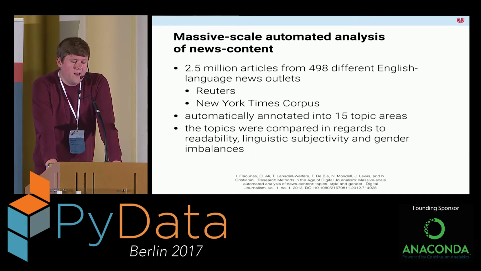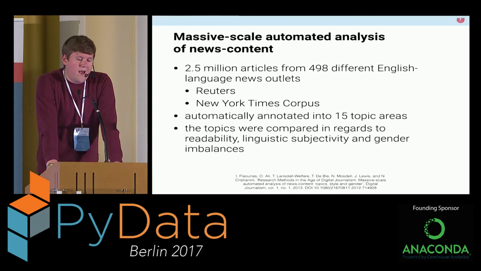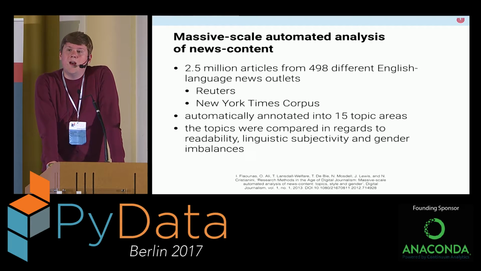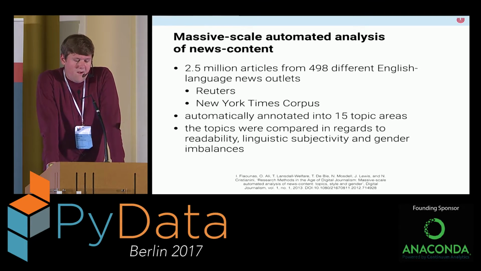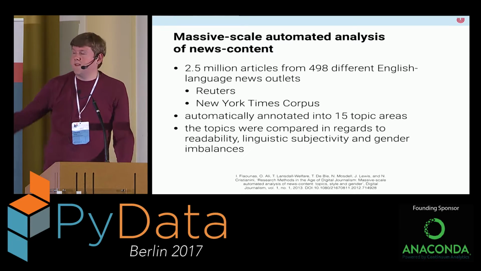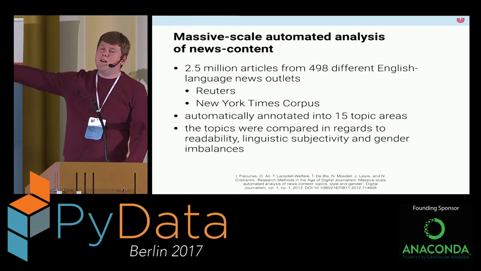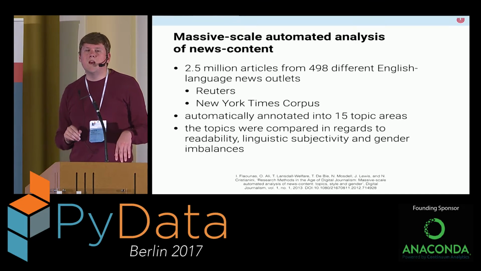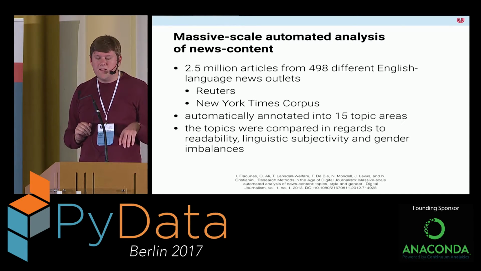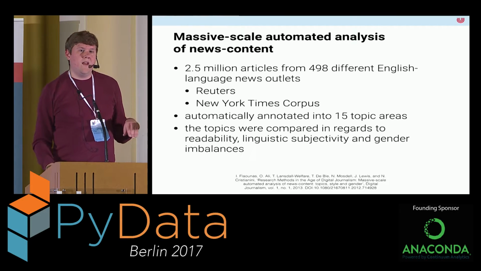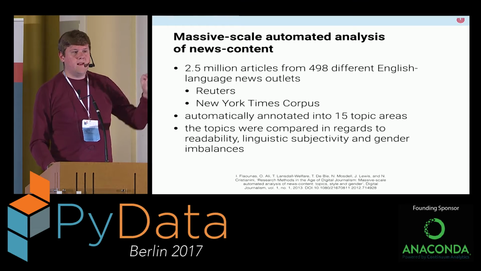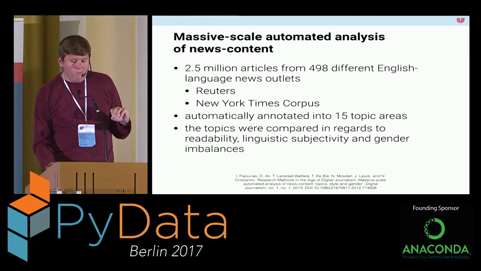And then they compared the news outlets and the topics in regards to the readability, which you can measure, the subjectivity, and gender imbalances. So linguistic subjectivity, for instance. For readability, there are many scores, and you can just look for readability scores, and you find them, and they're from the 70s, but they basically tell you, okay, somebody has to be at this school grade to understand this text approximately.